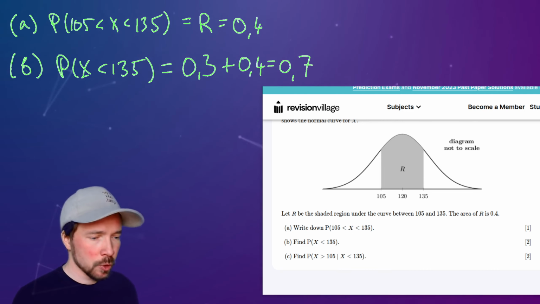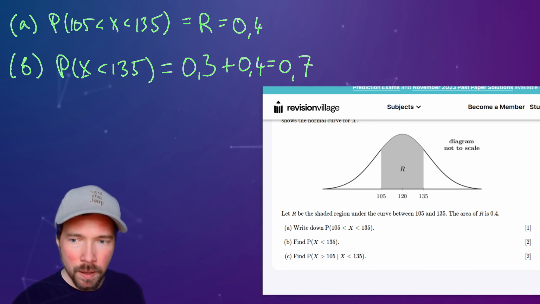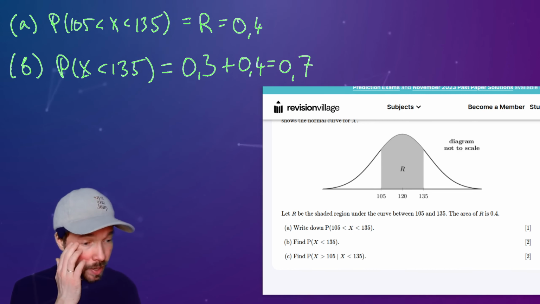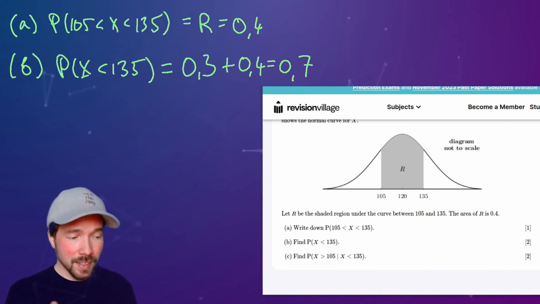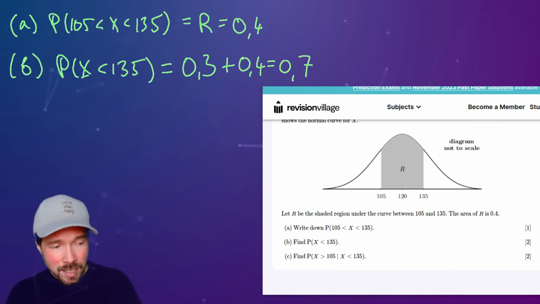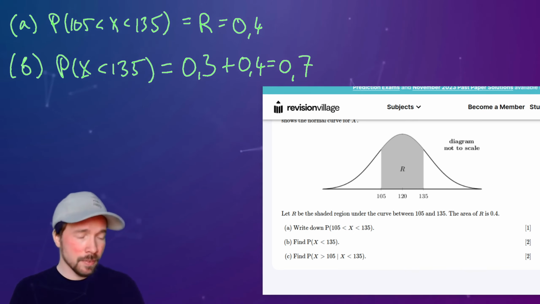And we move to question C. In C, we're asked to find the conditional probability that x is greater than 105 given that x is less than 135.